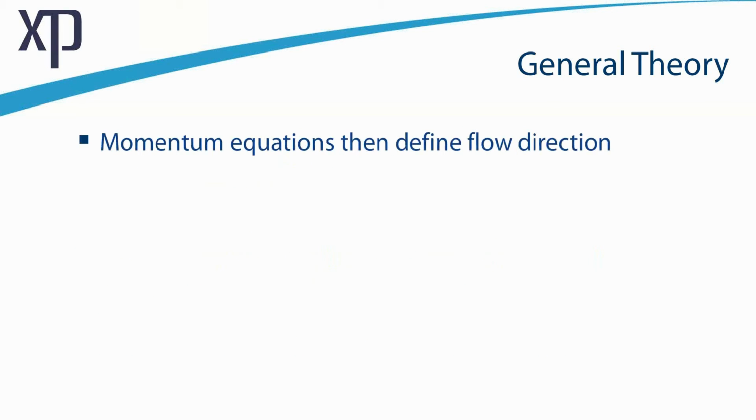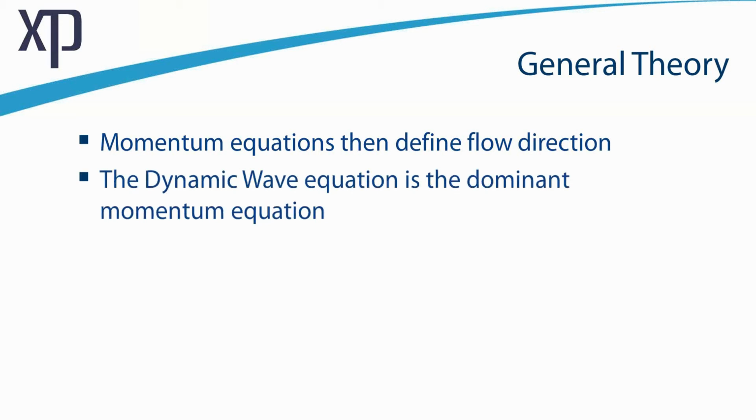The next part of Newton's law relates to acceleration, and therefore momentum equations start to help us define flow and directionality. There are numerous equations for momentum, the dominant of which is the dynamic wave equation.